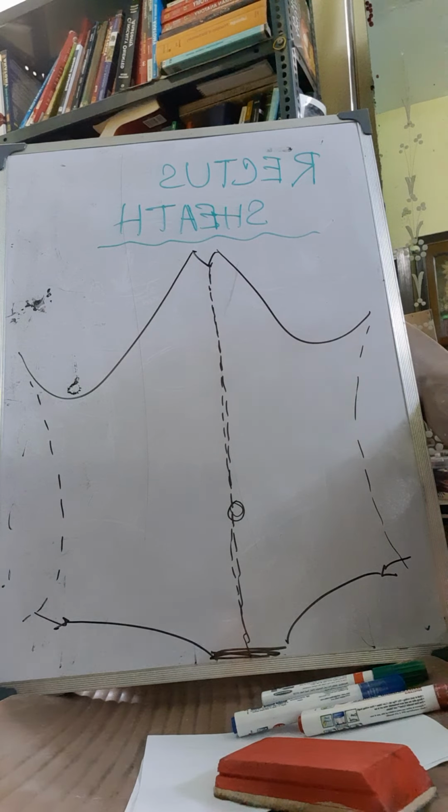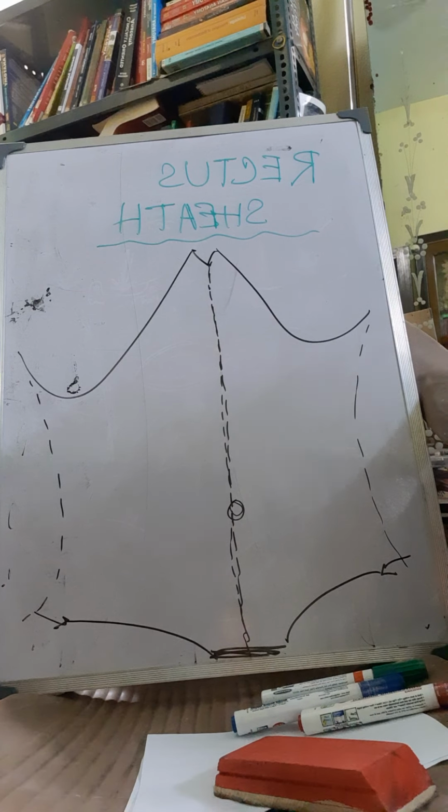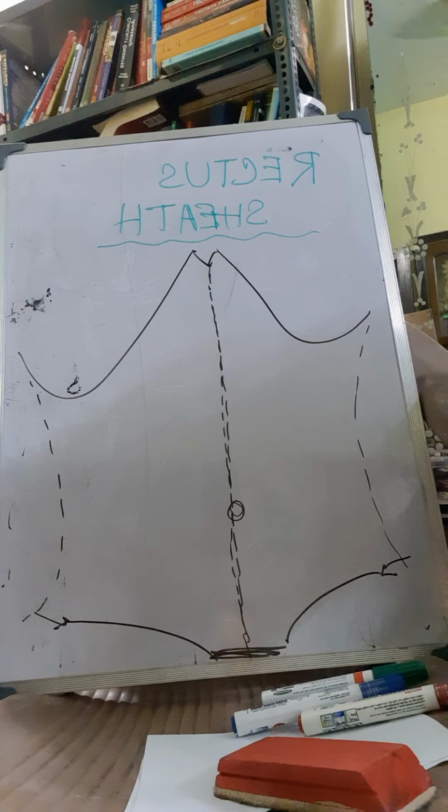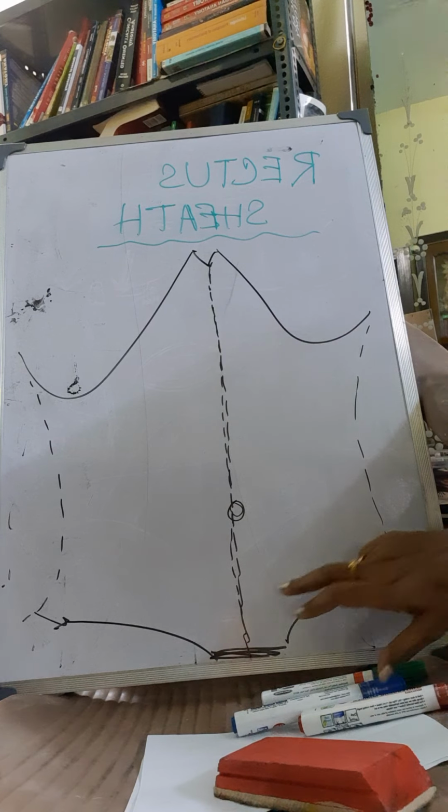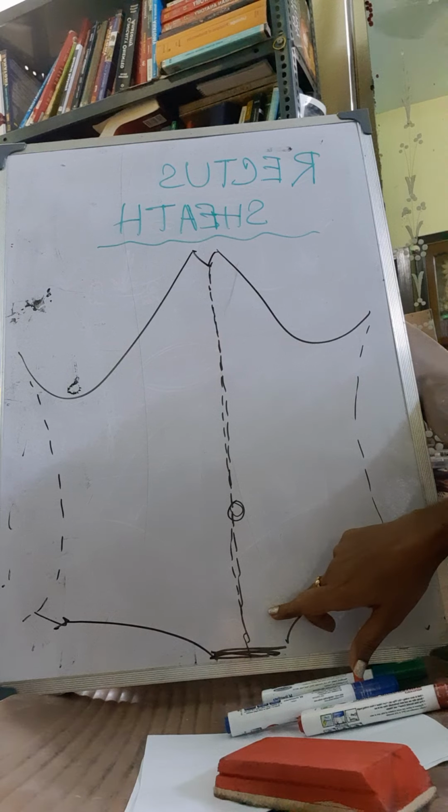Clear? Now, before going into detail of the rectus sheath formation, first let us describe the rectus abdominis muscle. Rectus abdominis muscle is a long strap muscle which is wider in the upper part and narrower in the lower part.